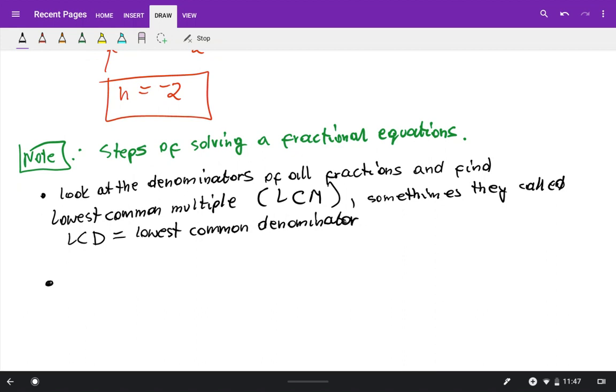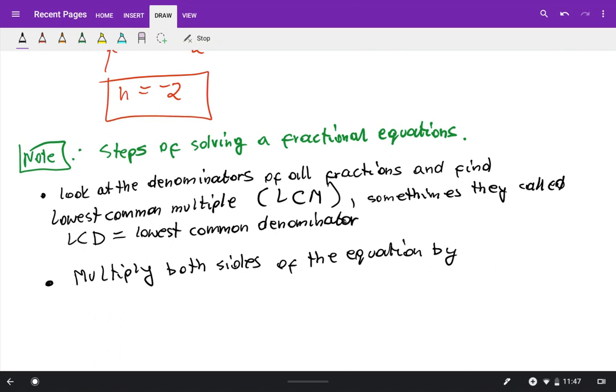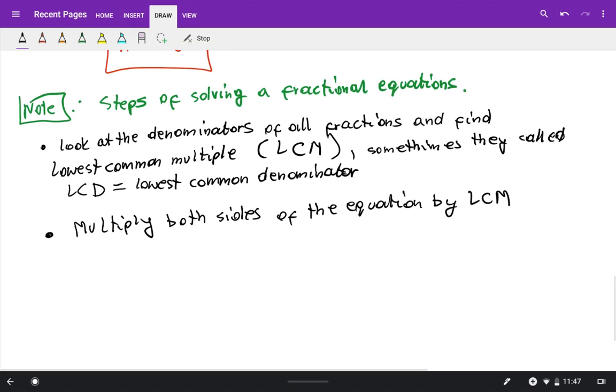The lowest common multiple is the number which can divide each number which you see in the fractions. Next, you're going to multiply both sides of the equation by LCM.